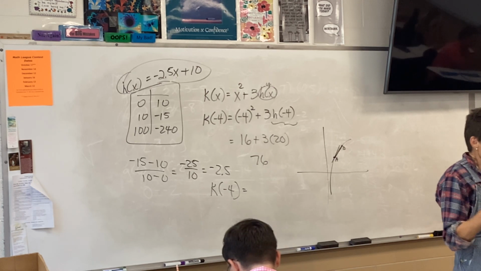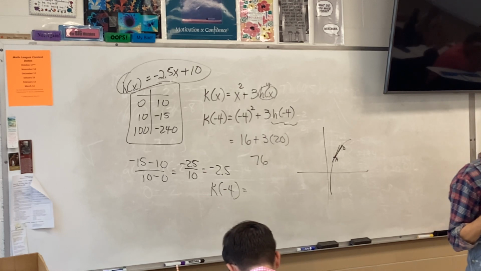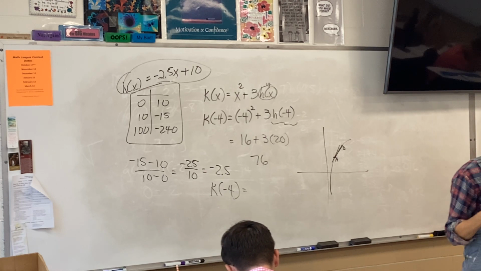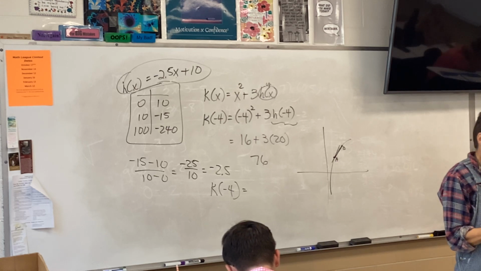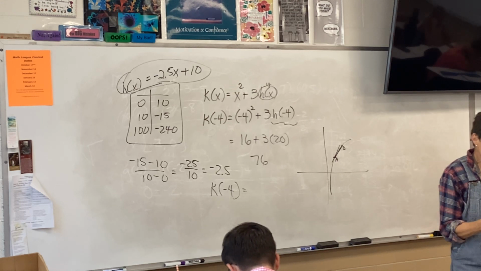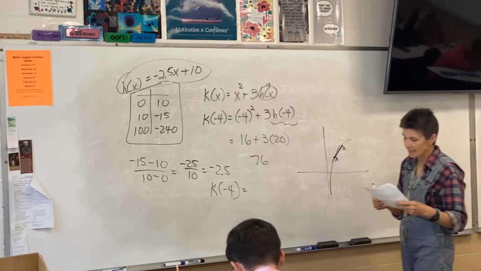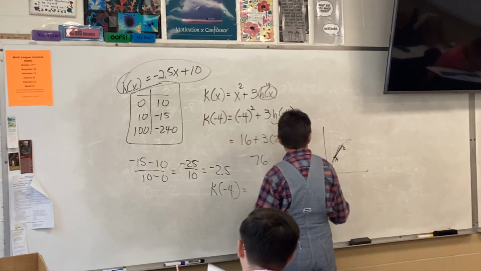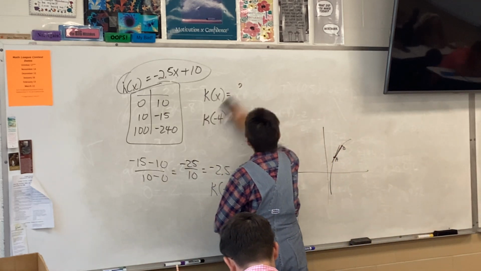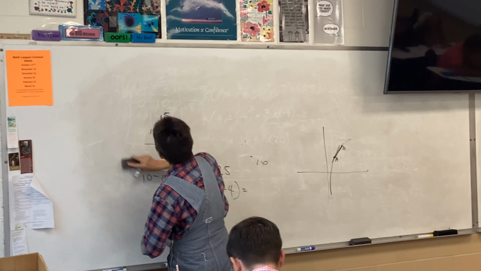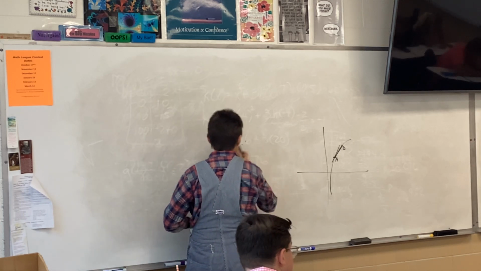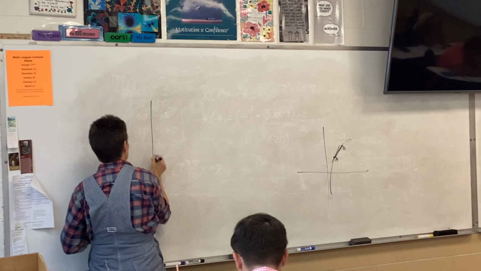Alright? The middle one in the other column, the other picture. Determine the average rate of change of the function from x equals -1 to x equals 3. Think about it like this.